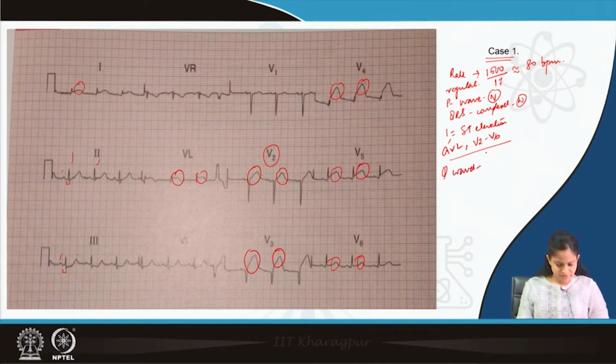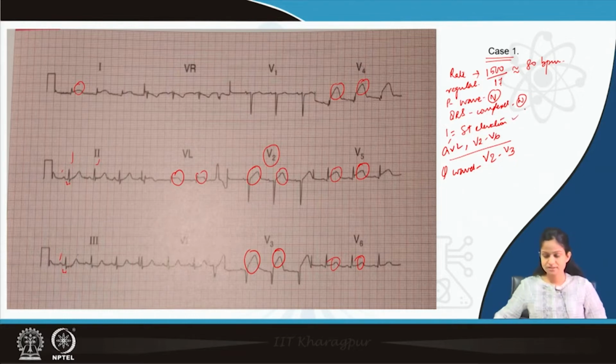We do not have any other Q waves which I am able to see right now. So, ST segment elevations in case of lead 1, AVL, V2 to V6, with T wave inversion in AVL, and Q waves seen in V2 and V3.